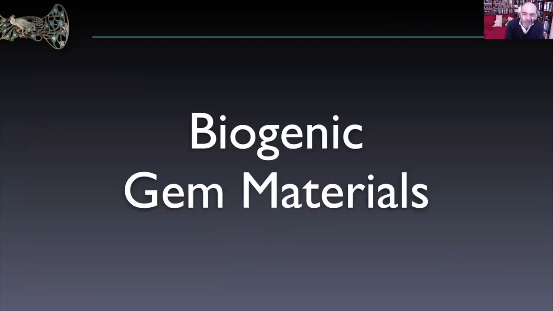Biogenic, not organic. Biogenic gem material. I'm saying biogenic and not organic because most of you that studied gemmology might have heard, and even I, that the gem materials that came from nature, the animal and plant nature, are called organics.